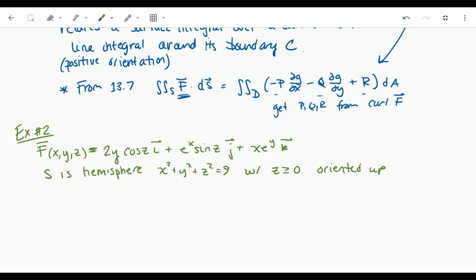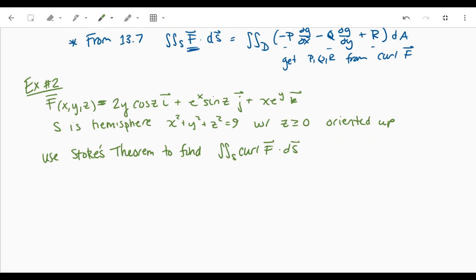It says use Stokes' theorem to find this. More typically we use Stokes' theorem the other way.